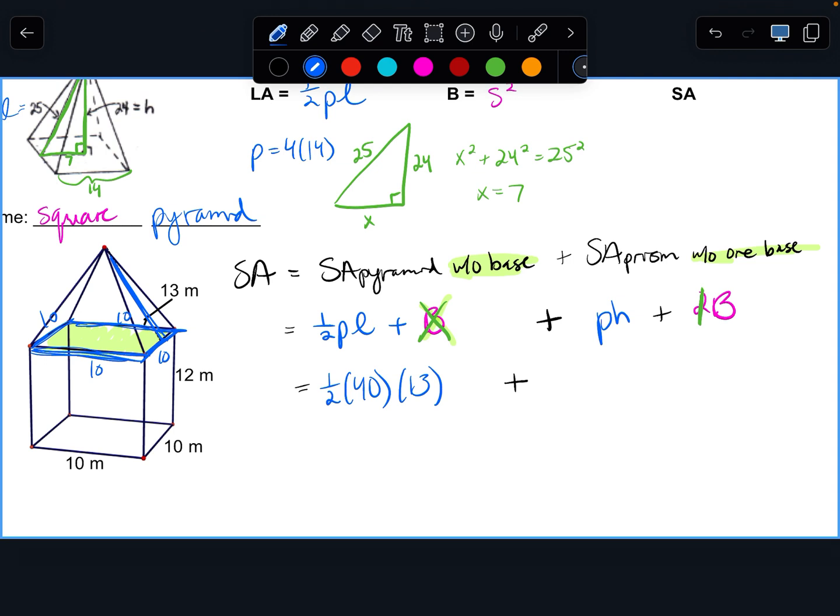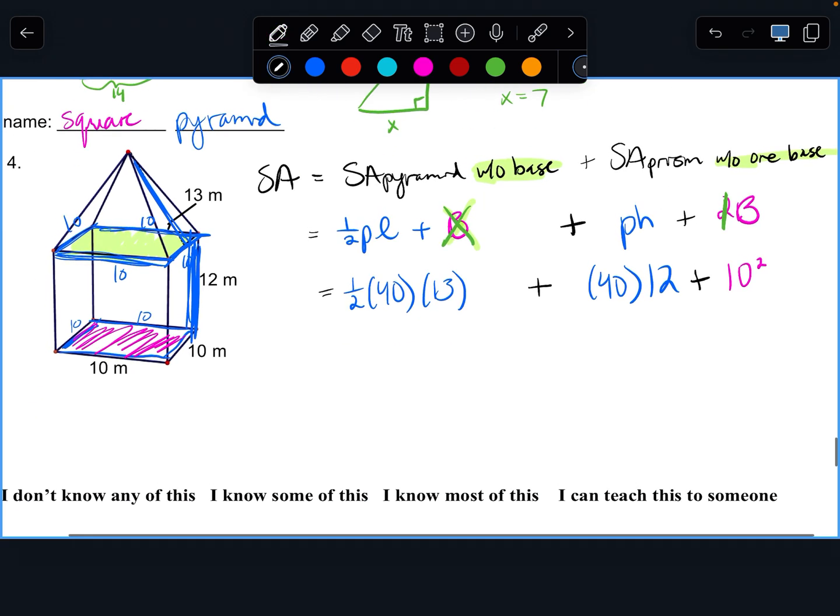Sweet. Now prism, the bottom part of it, perimeter would be the same, right? 10, 10, 10, so 40. Height of it is 12. And then plus, I just want one base, so the base would be the bottom. So 10 by 10 or 10 squared.